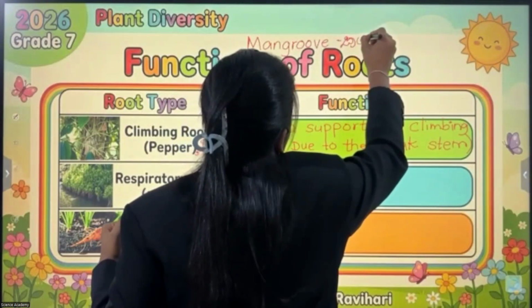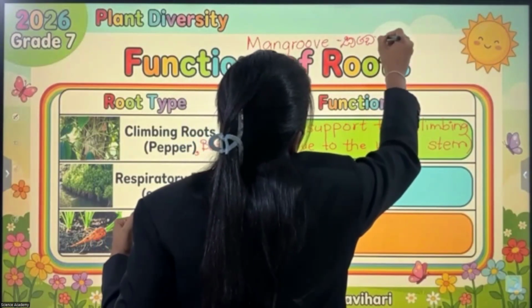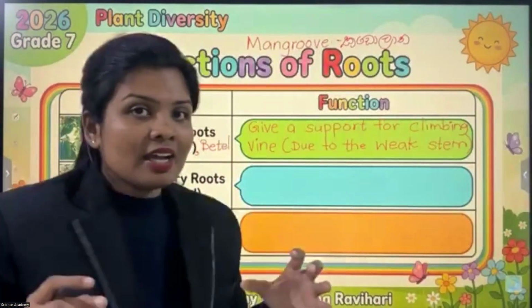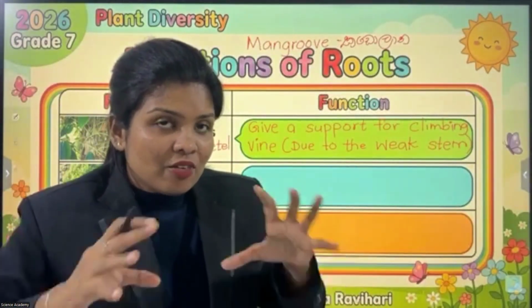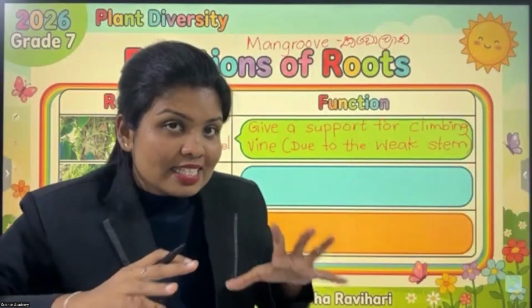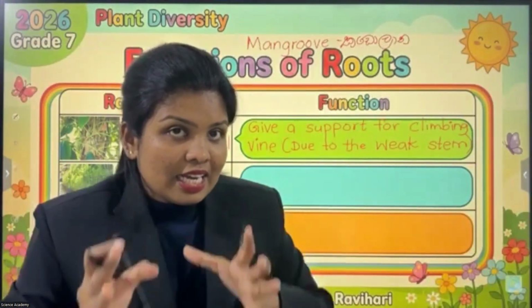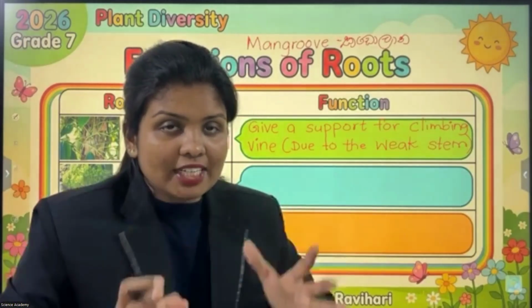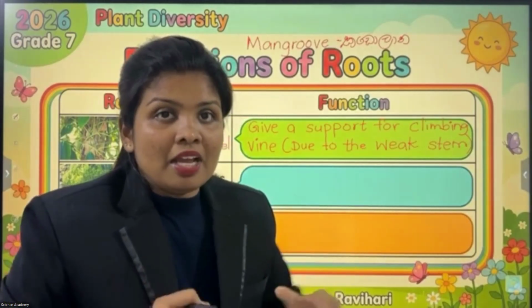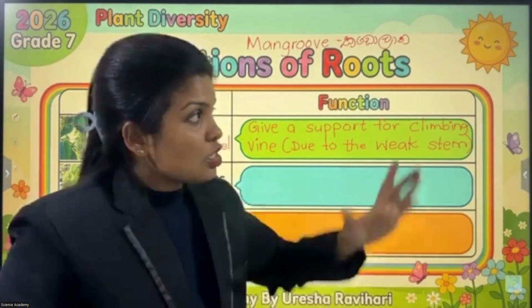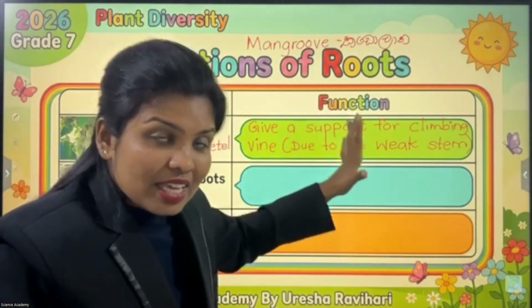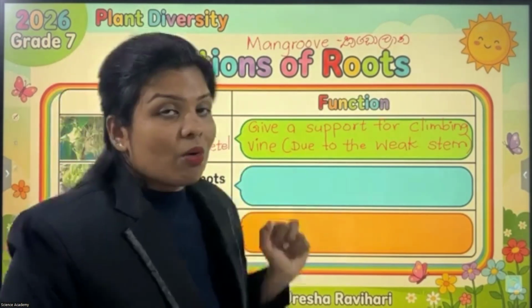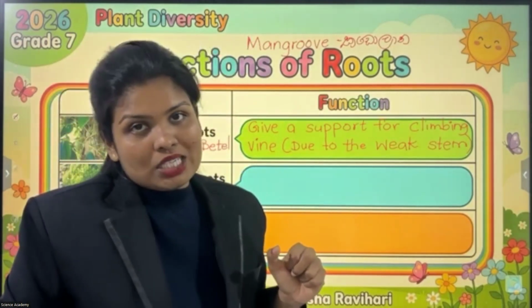So here children, mangroves we can see near, actually we can see this ecosystem related to the rivers. Near to the rivers, these plants we can see with special characteristic features called the mangrove ecosystem.